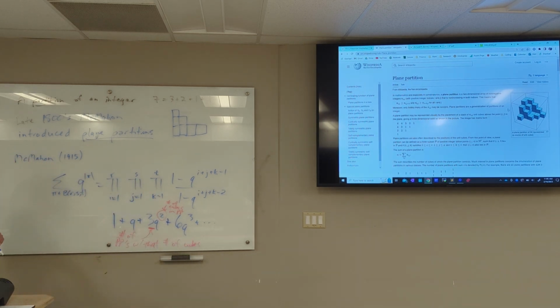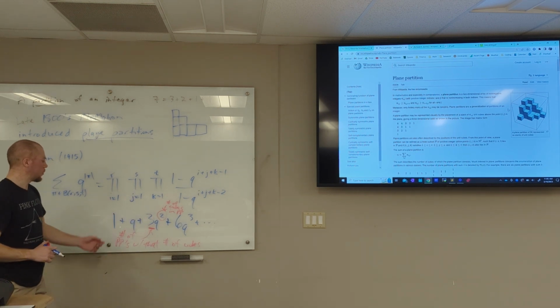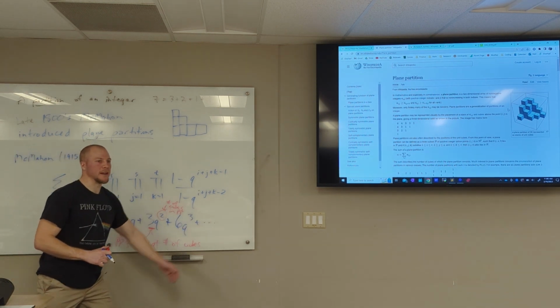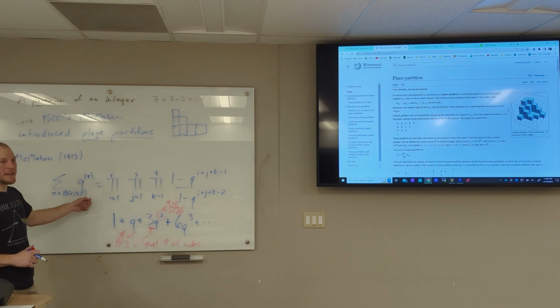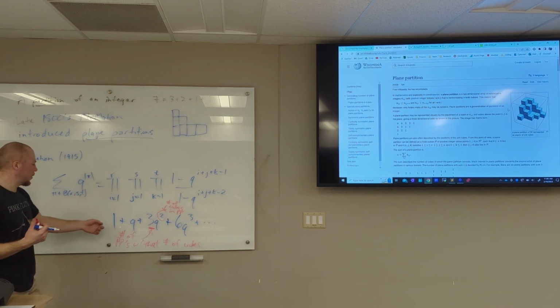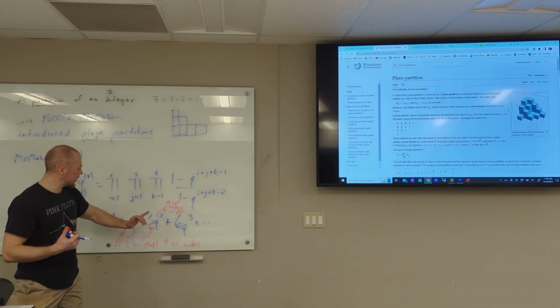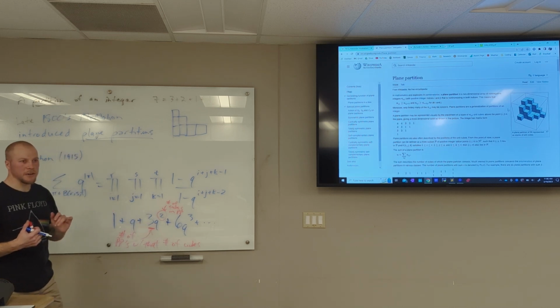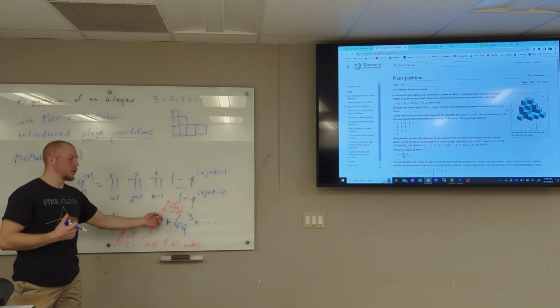So basically what I've written down here is what you get if you let r, s, and t go to infinity. And what this is saying is that there are exactly 3 plane partitions with 2 cubes.